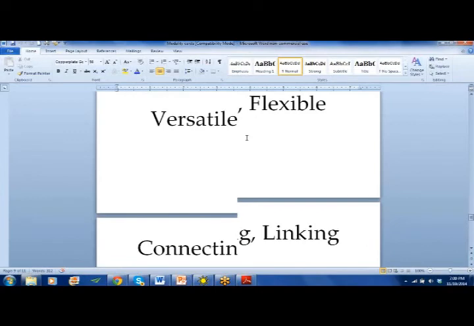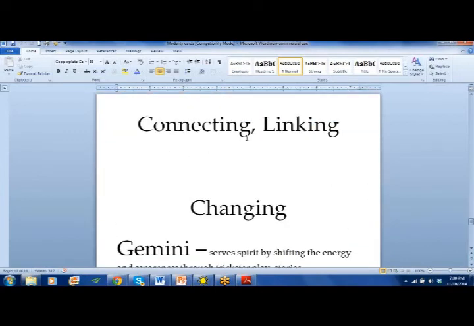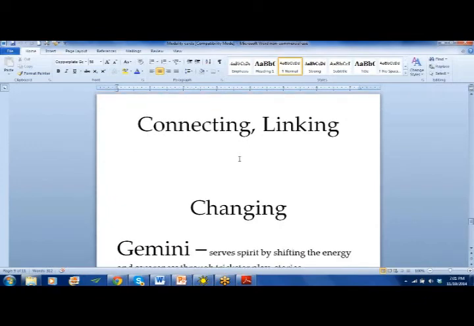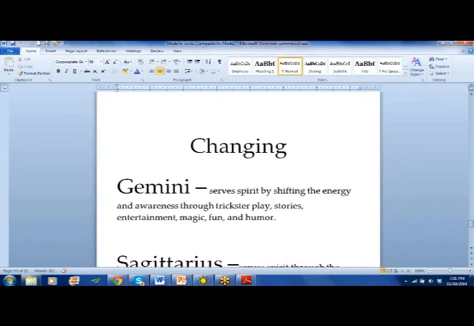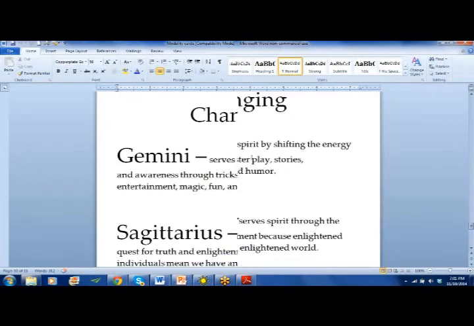So this is an energy that's very versatile, flexible. They have the ability to change, move, and change if needed. They're connecting, they're linking, and they are always in the process of being in service, asking how they can be of service to spirit.